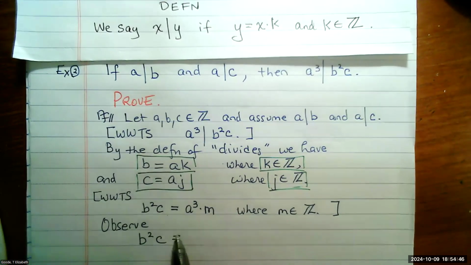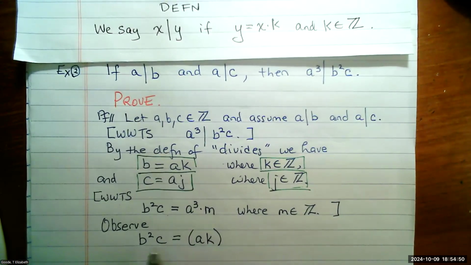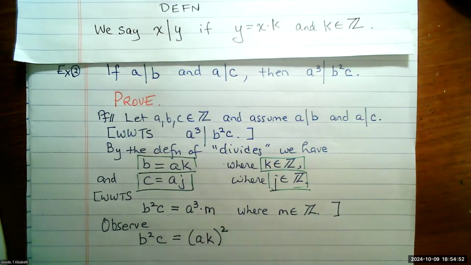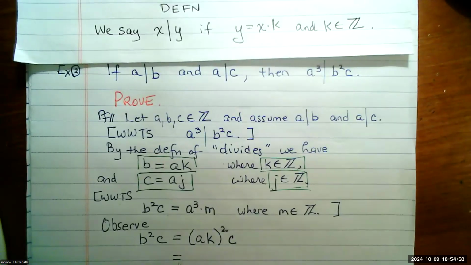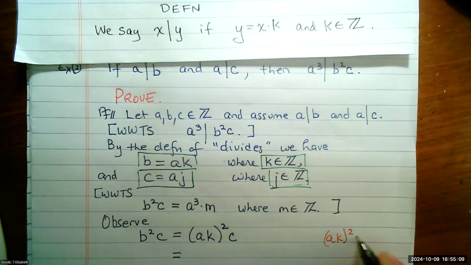Well, B is A times K, so we can plug in A K for B, and that's getting squared. We'll need that. Times C. And if you think ahead, AK quantity squared is A squared K squared, right?